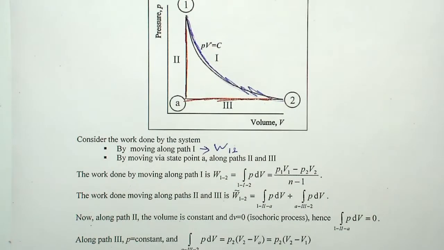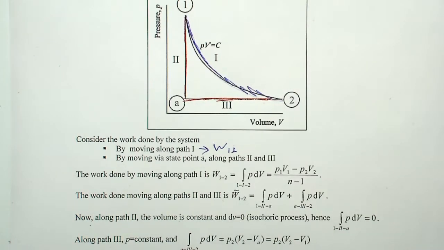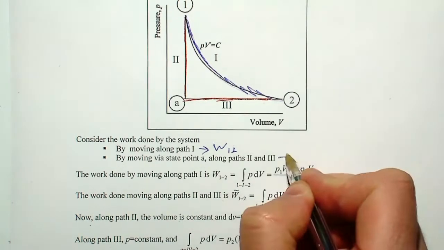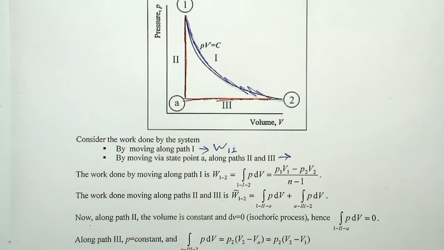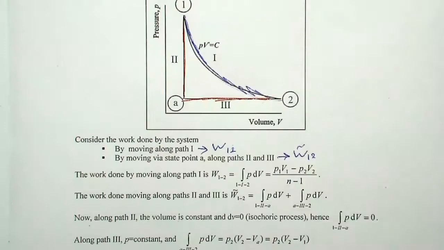So when you're moving along path 1, let's call this W12. When I'm moving via the red route, or paths 2 and 3, let's call this W tilde 12, just to differentiate it from the first one.